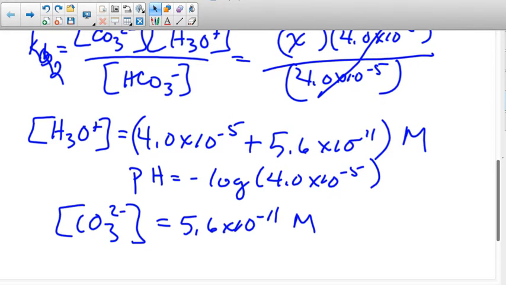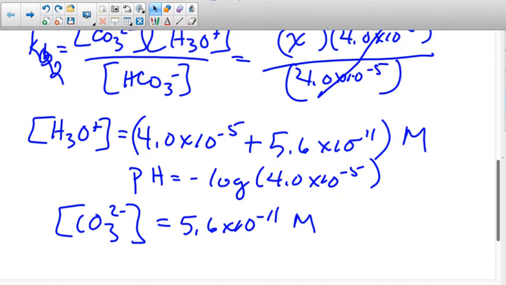If I'm just asking for pH, and you say the Kas differ by more than 10 to the third, so pH is only due to the first ionization, that's fine. If I asked you for the concentration of the CO3 2-, you should have done all that work. Questions on that?